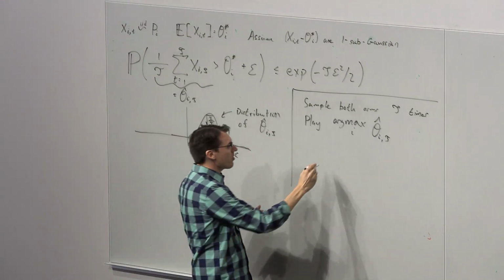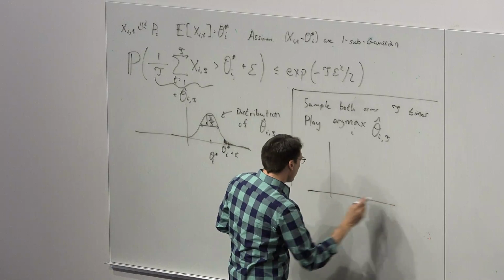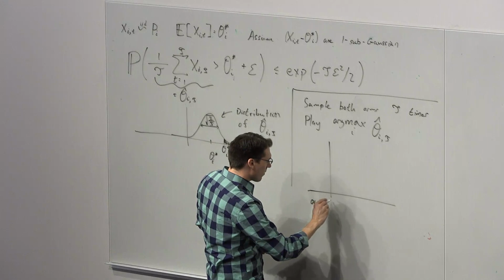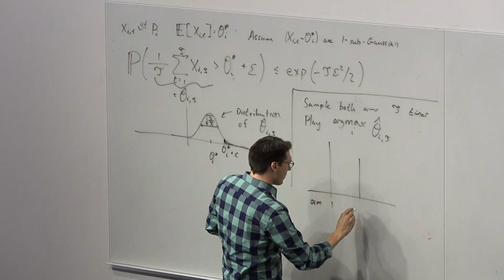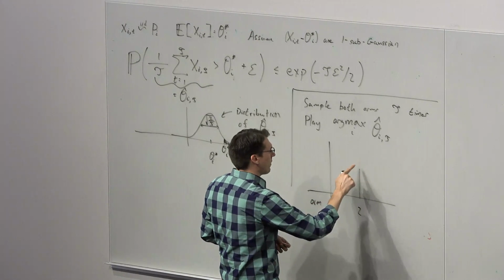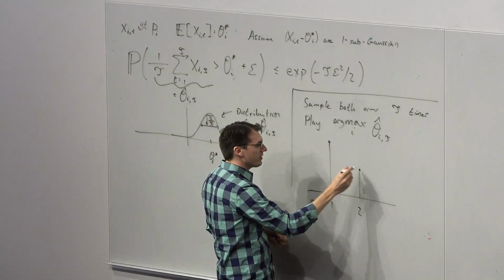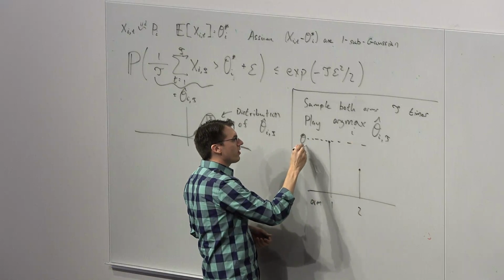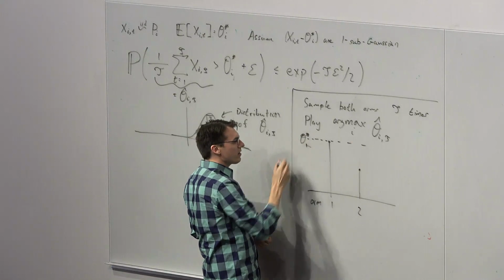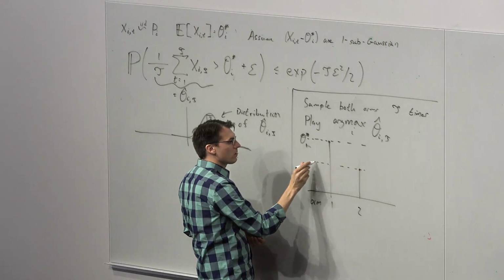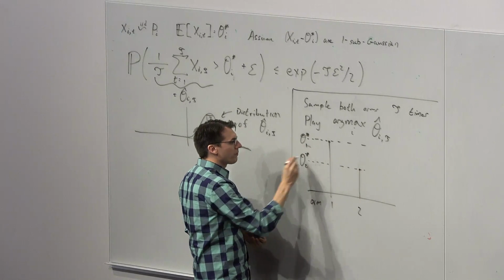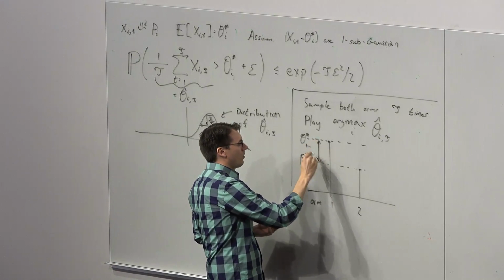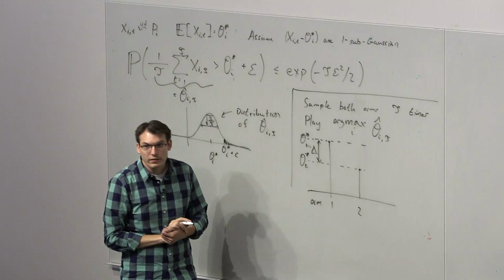The picture to go along with this: I have arm 1 and arm 2, and these are the true means, theta 1 star and theta 2 star. The gap between these I'm calling delta.